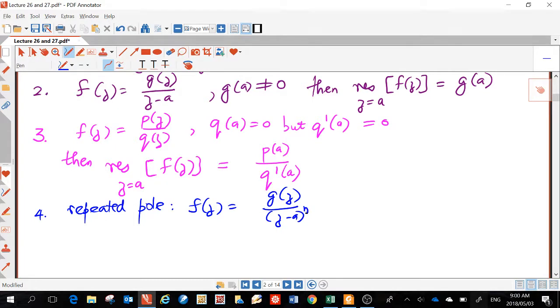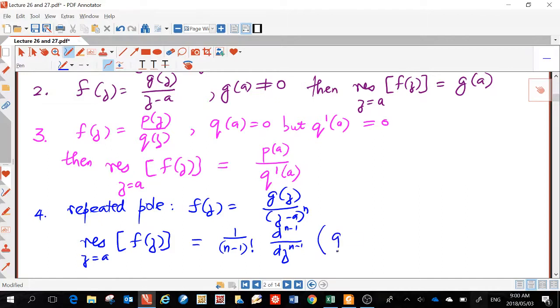What then? So now we have to use differentiation. The residue of f of z at z equals a is simply 1 over n minus 1 factorial, then you take the n minus 1 derivative, d^(n-1) by dz^(n-1), of g of z.